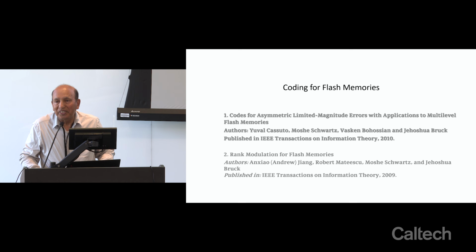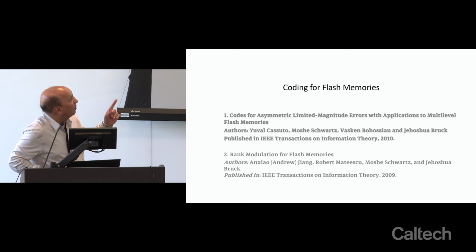I work in coding theory area. My work, for the last 15 years, is influenced by two important papers. These are the two important papers. Codes for asymmetric and magnitude error correcting with application to multi-flash memories. And you can see all the authors here, Shuki and his students.